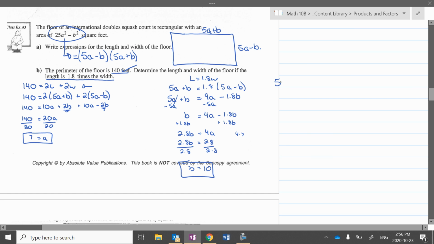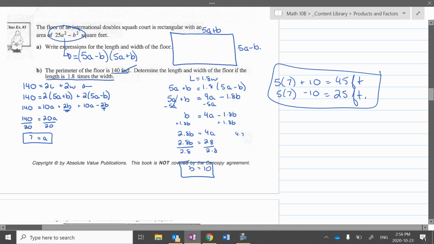So I'm going to go 5 times 7 plus 10, and then 5 times 7 minus 10. So I get 35 plus 10, so I get 45 feet for our length. 35 minus 10 gives us 25 feet for our width. So a lot of components to this question. Really good problem solving here. A really good question right there.